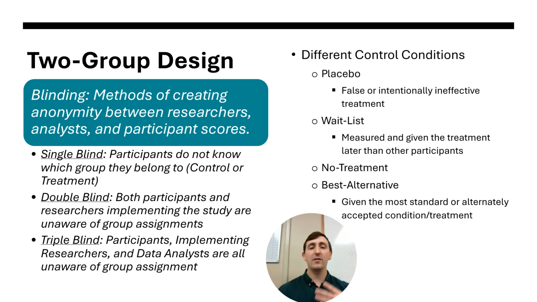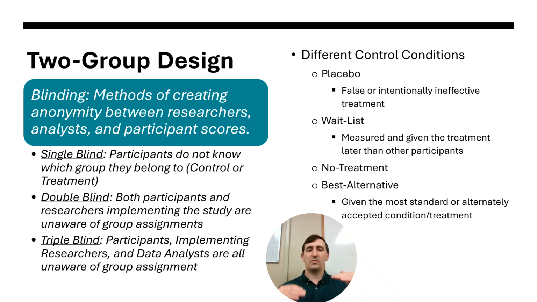But the last control condition here is best alternative. So even if you're not giving someone the depression medication that you're testing, you might give them something that's on the market, that's pretty common, that gets used all the time. And this gives you a baseline for your product to compete against, to see if you're doing really well against, right?